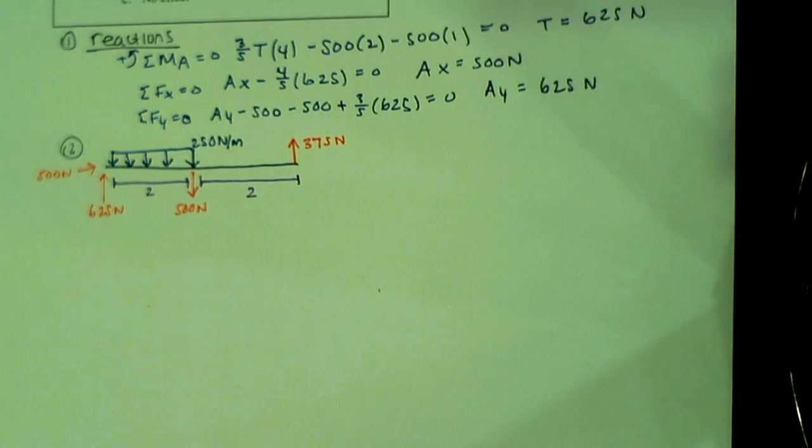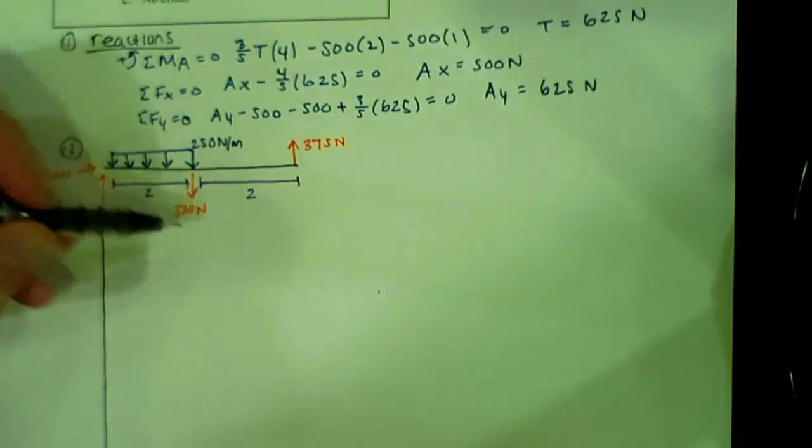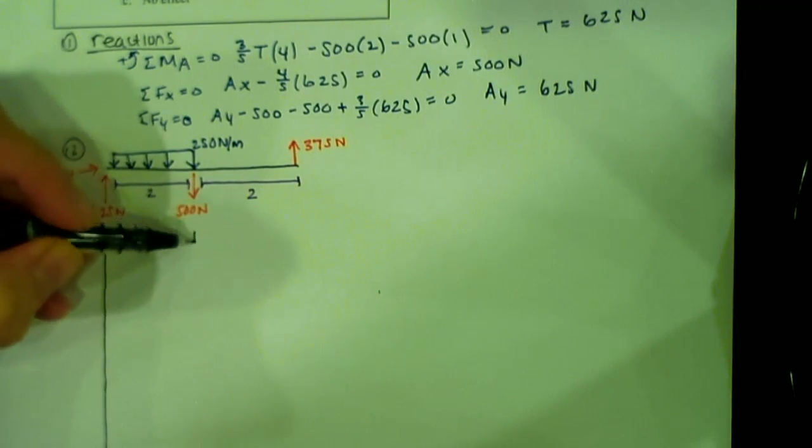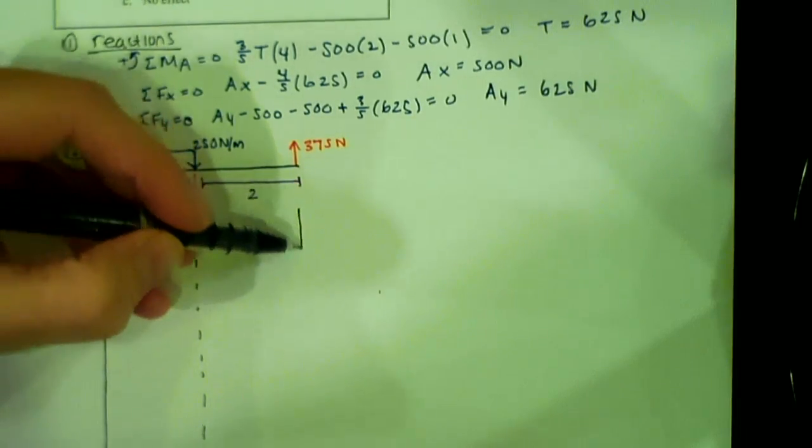So what's the first thing that I need to do for method of areas? Continuities or discontinuities? Good. So we need to go ahead and draw our discontinuity lines. Where will I have discontinuities? At the beginning, at this point here, and at the end. Good.